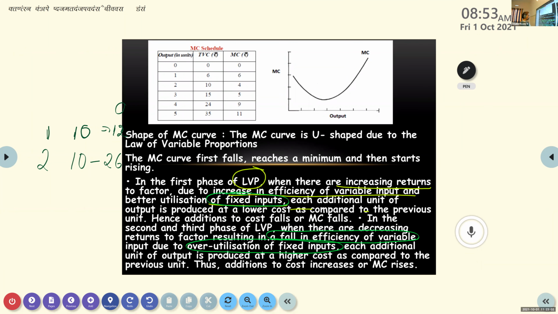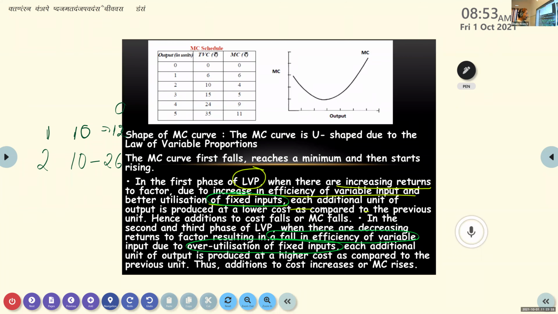For example, machines and all, when we are utilizing them for many years, what will happen to their efficiency? What will happen, Rahul? It will decrease.